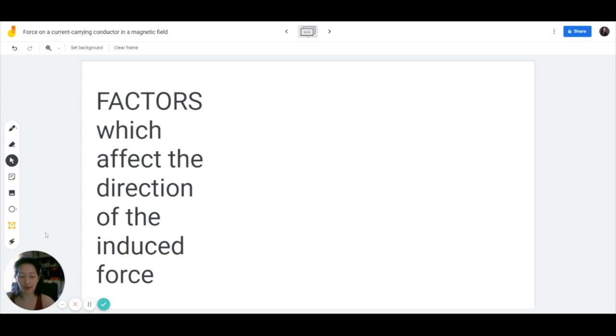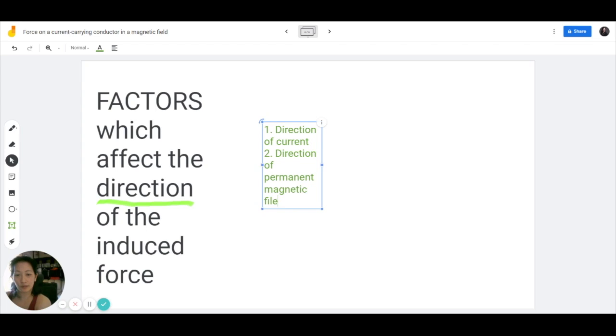So which means that if we are considering the direction, the direction of the induced force will depend on the direction of current as well as the direction of the permanent magnetic fields, which means where the north and south are.